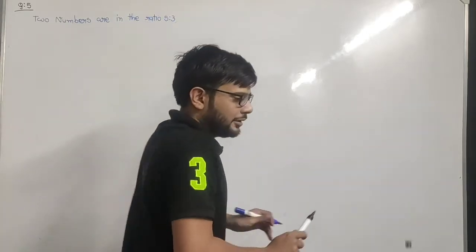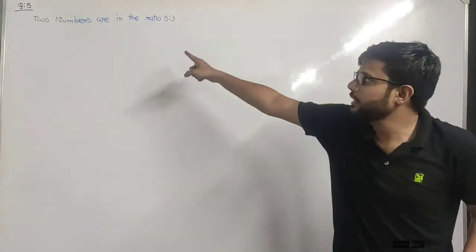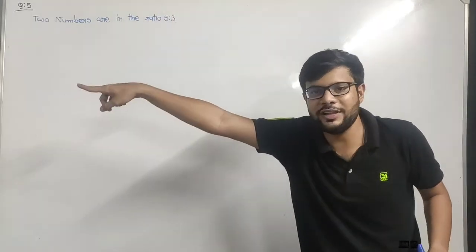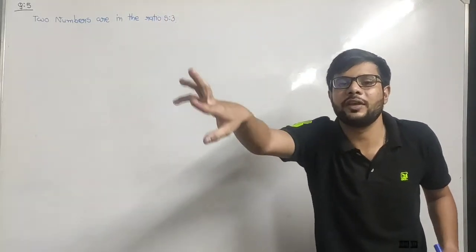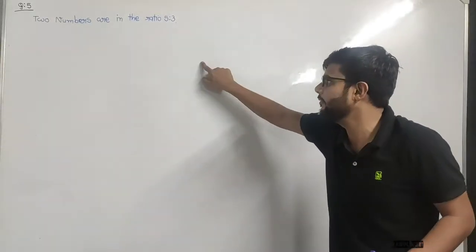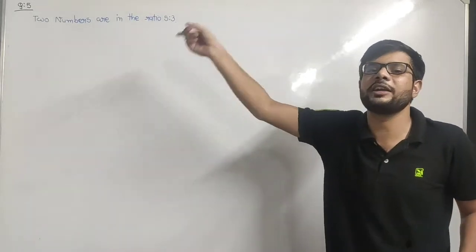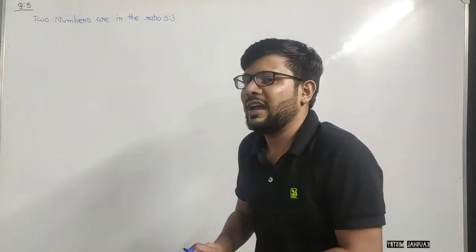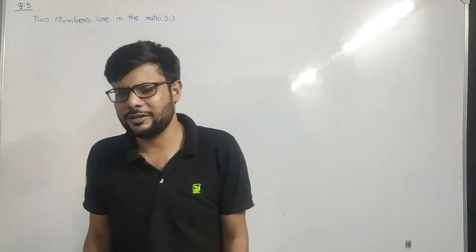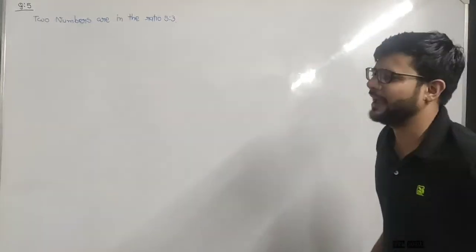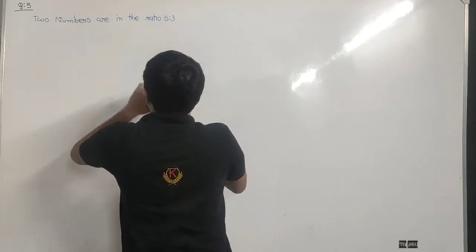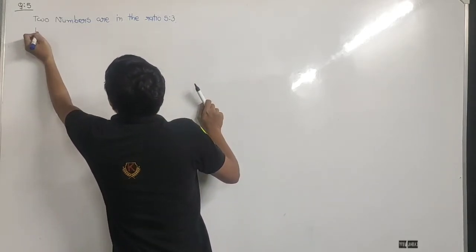That means if a ratio is given, then you have to assume that the first number is equal to the first part of the ratio, it is 5:3, then 5x, and the second will be 3x. If it is 7:4, then the first will be 7x and the second is 4x. In place of x you can take any variable y, z, a, b, c, but we will preferably take x as a variable. So this will be 5x and 3x.